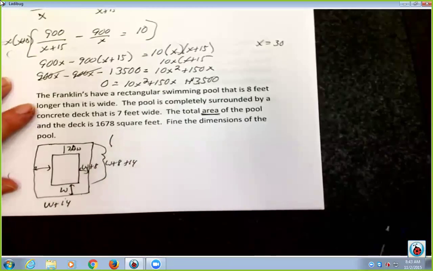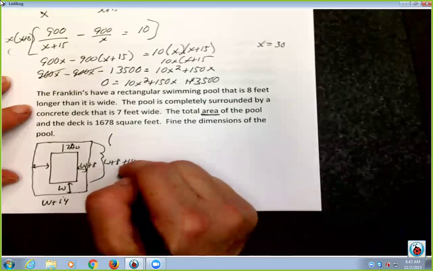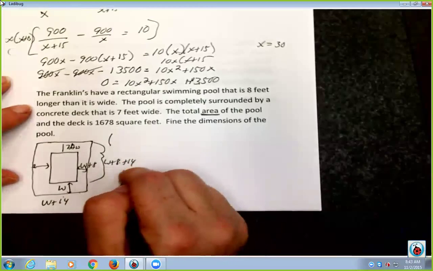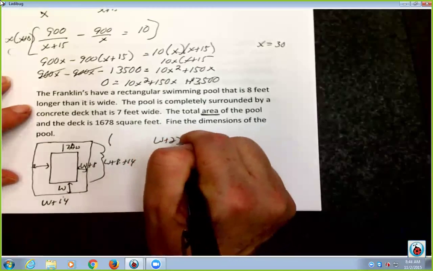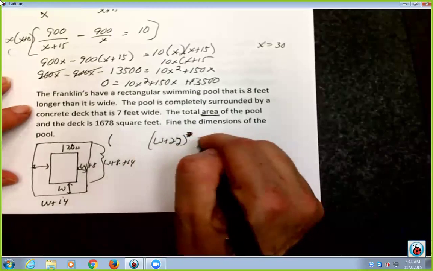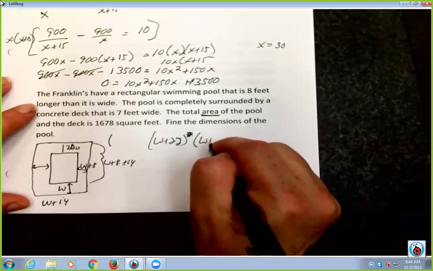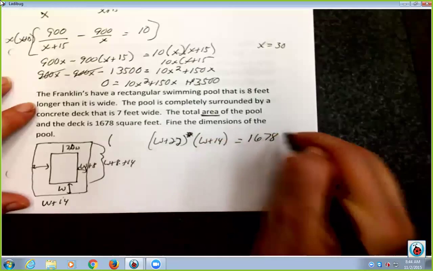So you've got those additional pieces in there because it's the whole area. So 8 plus 14 is 22. So I have W plus 22, times W plus 14, is going to equal 1678.